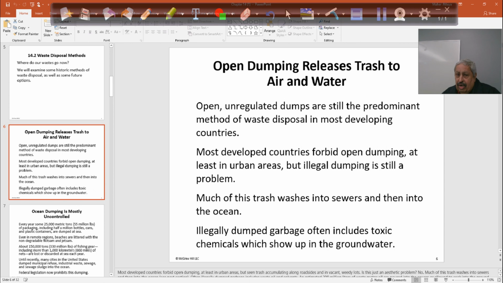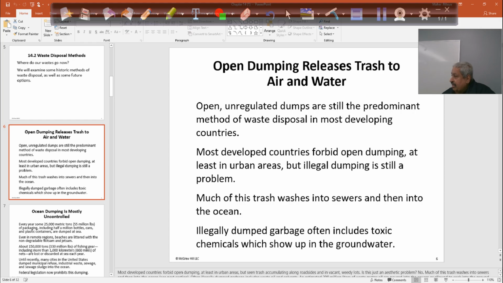Open dumping releases trash to air and water. Open unregulated dumps are still the predominant method of waste disposal in most developing countries. Most developed countries forbid open dumping, at least in urban areas. But as I said, that's what we have seen at the Clarkston Campus stream there.